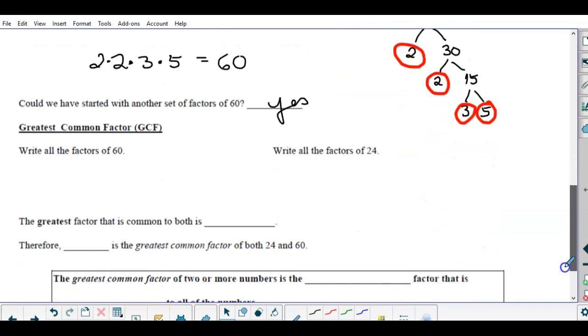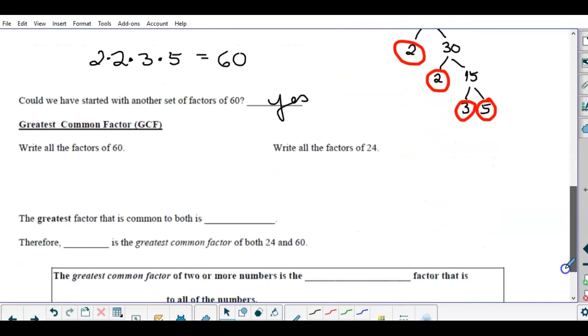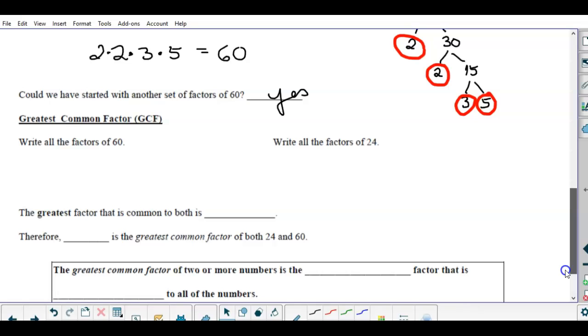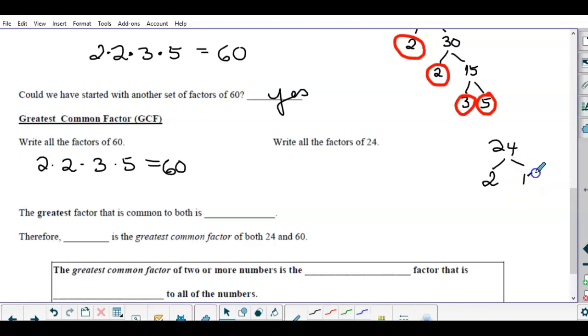All right, so then that helps us in coming up with the greatest common factor between two numbers. So write all the factors of 60. So I just did 2, 2, 3, and 5. So they multiply to 60. Okay, now for 24, if I did a tree here, then I go, okay, 2 and 12, and you can use your calculator.